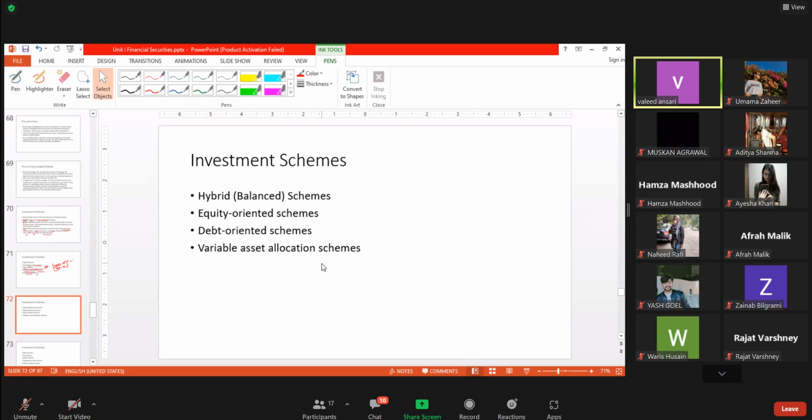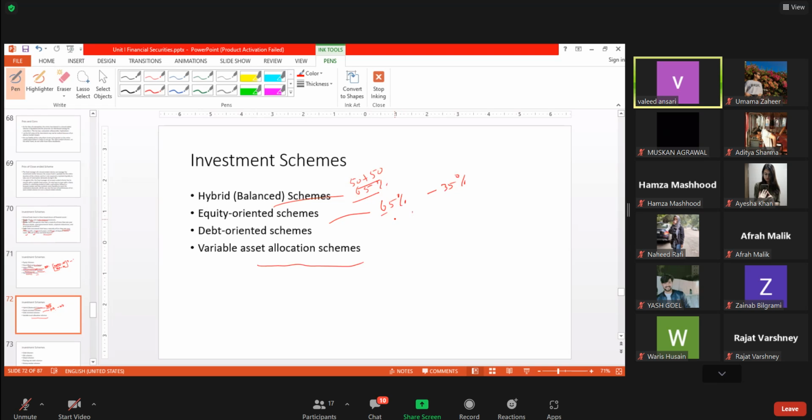And some are hybrid type, like 50-50 balanced funds. So 50 in equity, 50 in debt; or equity oriented, normally more than 65% in equity and the rest in debt; or debt oriented, more than 65% in debt, the rest 35% in equity. And variable asset allocation schemes vary according to the prevailing market conditions.